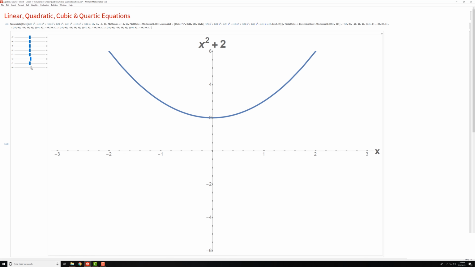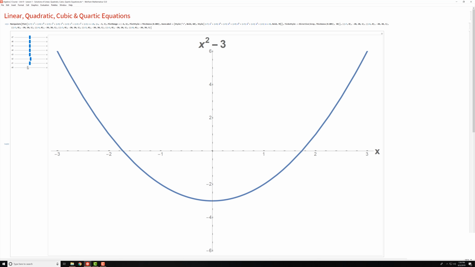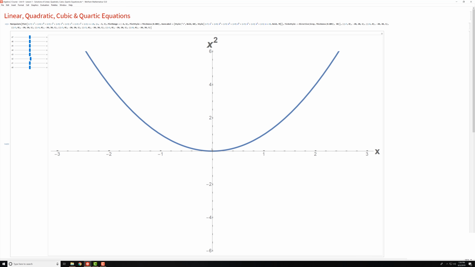If you have no crossing points at all, that's 2 purely complex or imaginary roots that you're going to get when you solve this guy. And then right when it kisses the axis, you have 2 real roots, which we call a double root. You can see them getting closer and closer together until now they're just basically right on top of each other. If I can adjust it here, right here at x is equal to 0. So now let's go back to the board and wrap it up with writing down some equations.